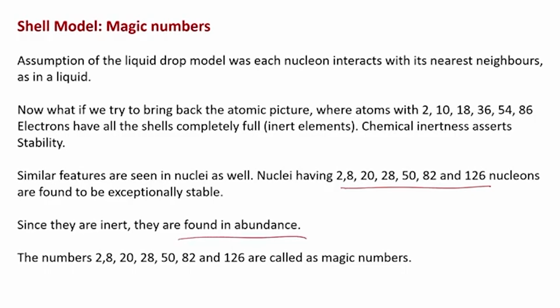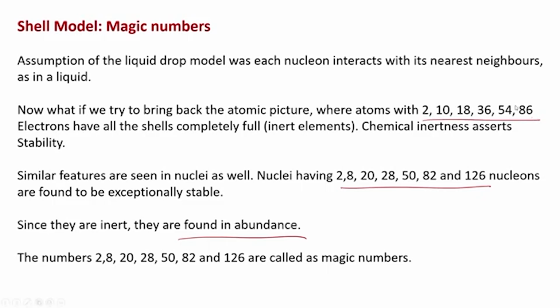These are the numbers of nucleons: 2, 8, 20, 28, 50, 82. These nuclei are found to be exceptionally stable, just like the inert atoms.